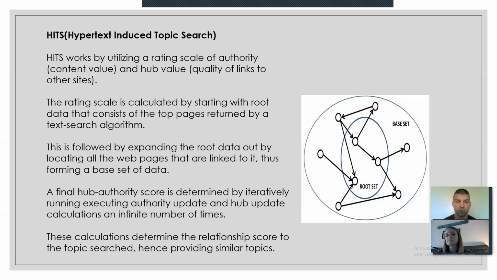A final hub authority score is determined by iteratively executing authority update and hub update calculations an infinite number of times. So it continuously does this. And the point is to basically determine the relationship score of the top topics searched, hence providing similar topics.